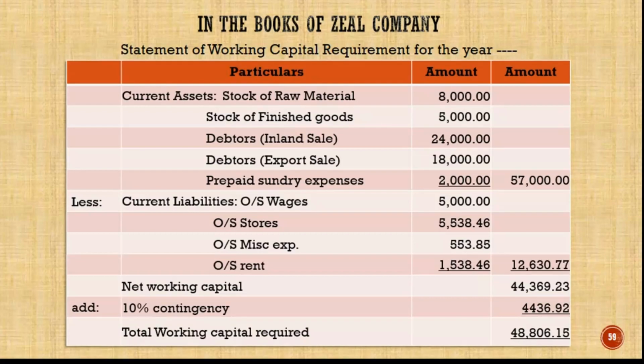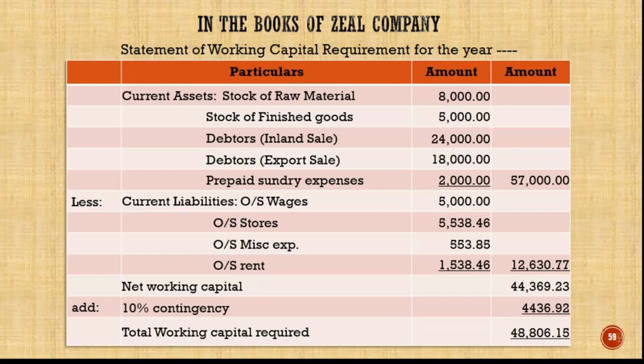In current assets, now you can see stock of raw material, the amount which is given in the example, as it is, we have taken in this particular statement. We have not done any calculation over there. Next, the stock of finished goods, same thing. They have given us 5,000. We have carried the same here. Now next is debtors, inland sale 24,000, debtors export sale 18,000, prepaid sundry expenses 2,000.